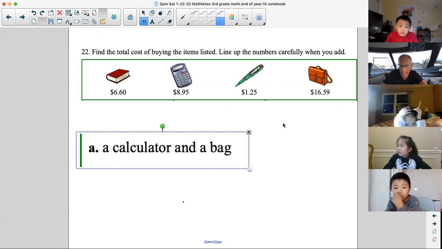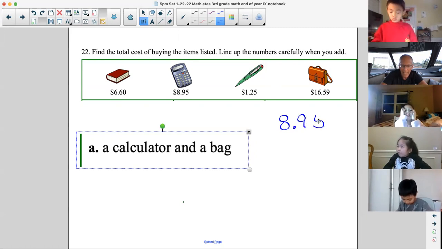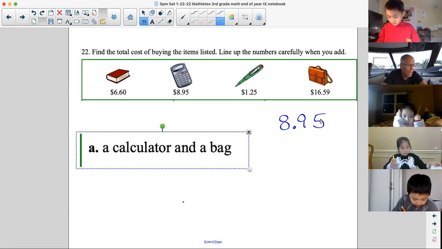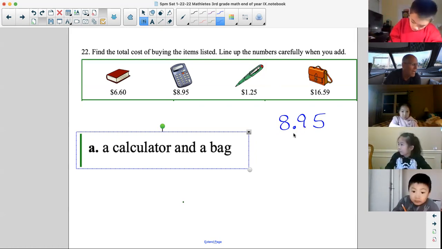And we're going to write down the calculator cost, $8.95. We write an 8.95. The dot is the decimal, the 95 is the cents, and the 8 is the dollar.